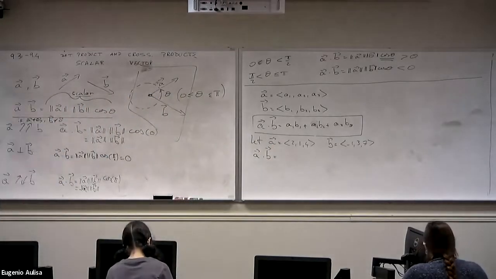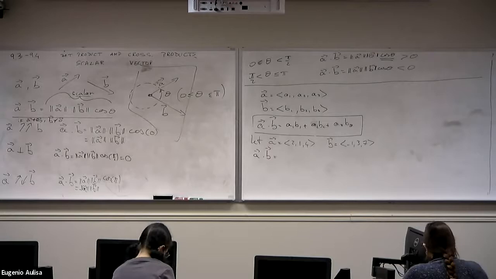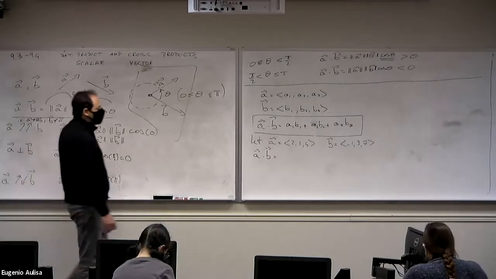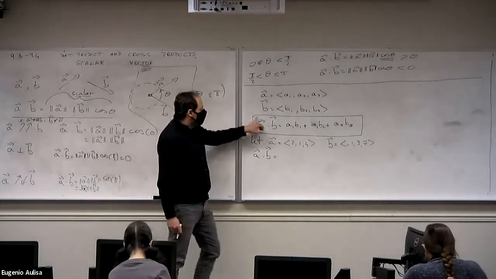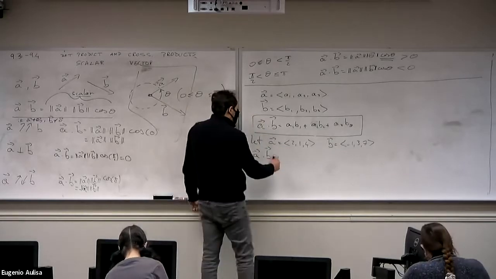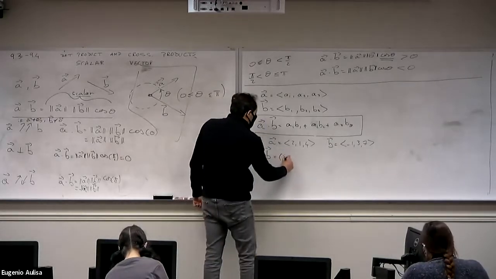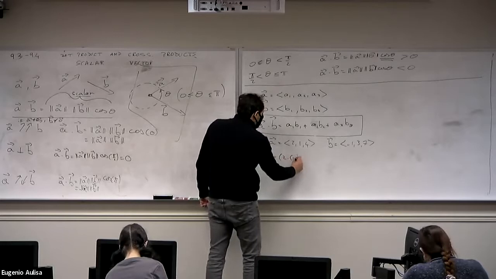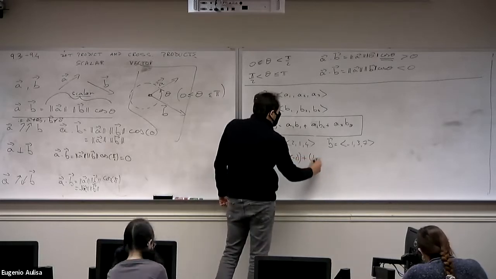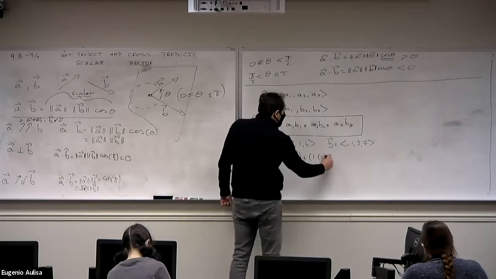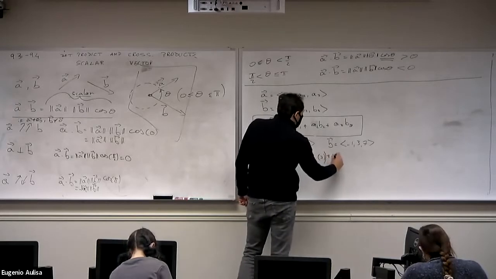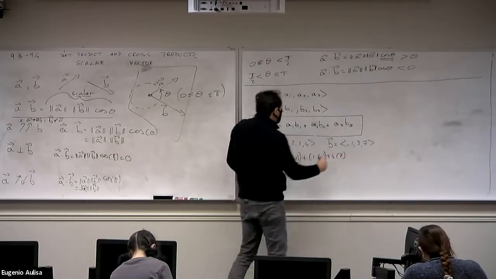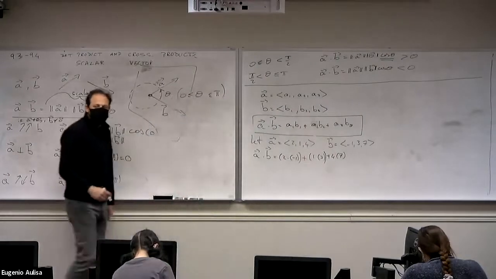We have the algebraic definition of dot product. So what we do is we take 2 times negative 1 plus 1 times 3 plus 4 times 7. So we just apply this formula straightforward.